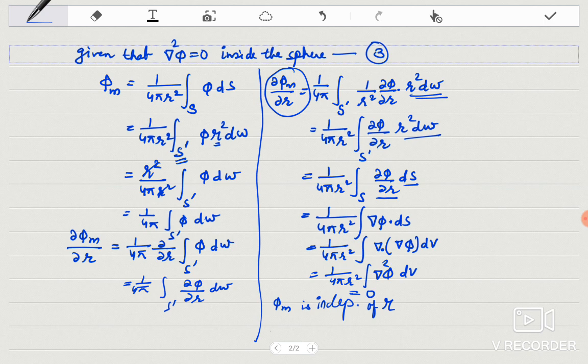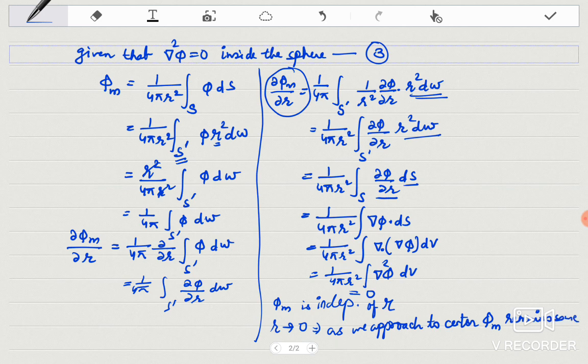So when r shrinks to 0, that means your point is approaching the center. This implies as we approach the center, φm remains the same.